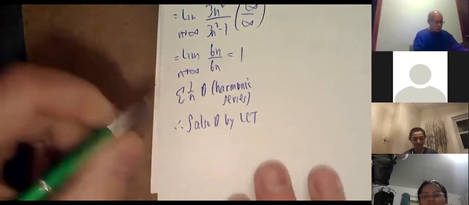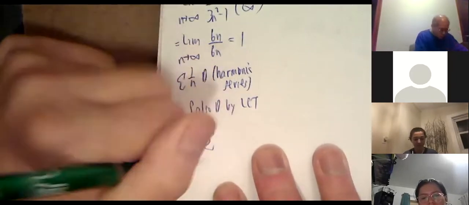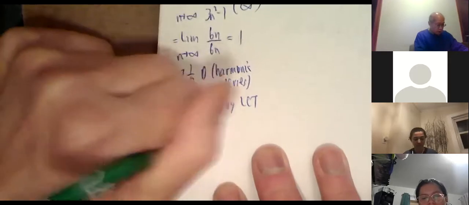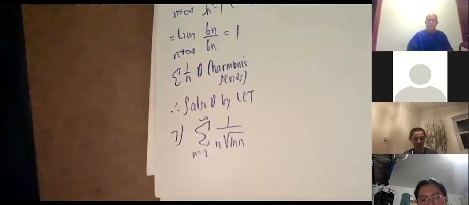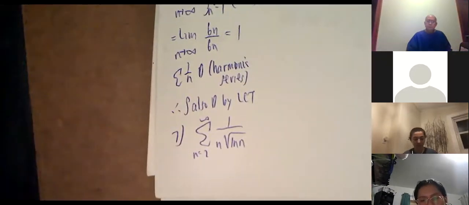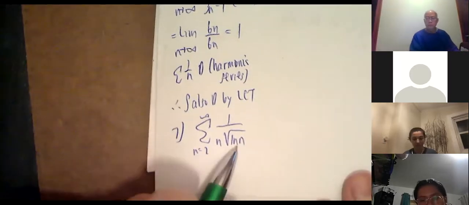Let's see. I'll do number 7. The sum from n equals 2 to infinity of 1 over n radical ln n. Can you see why they don't start at 1? ln 1 is 0.